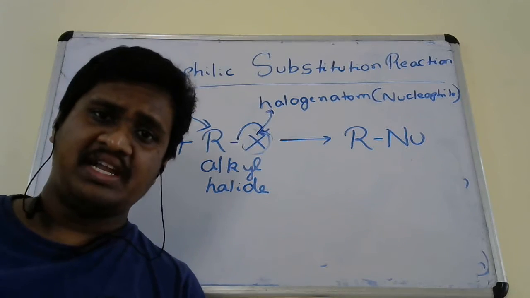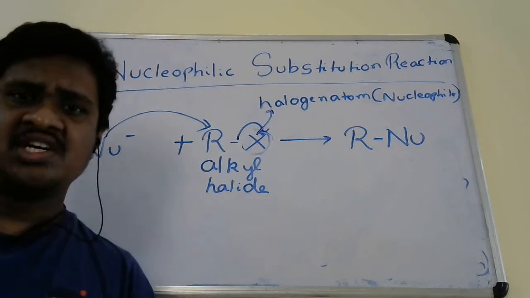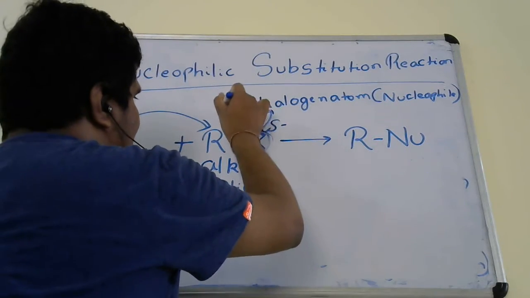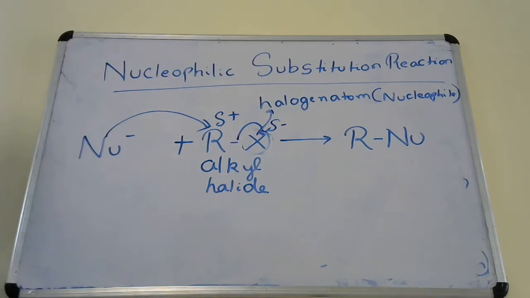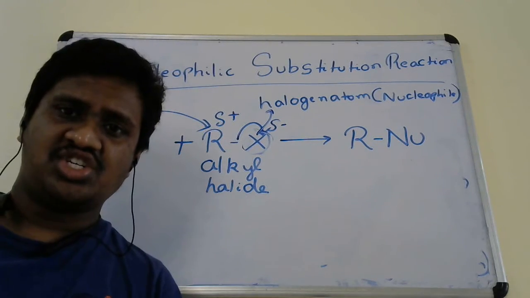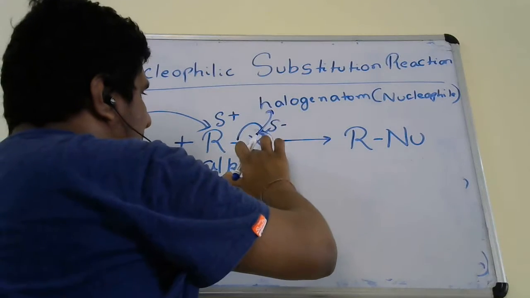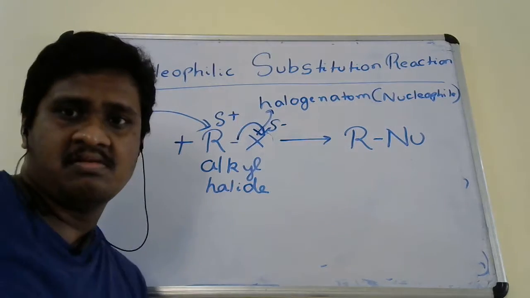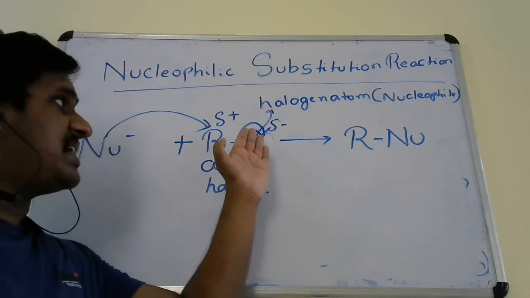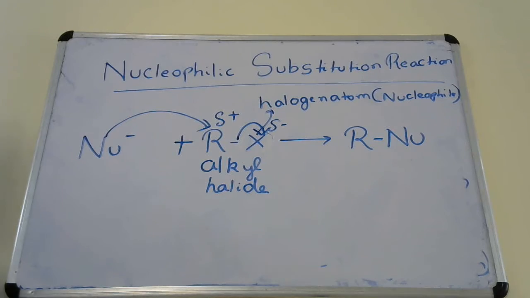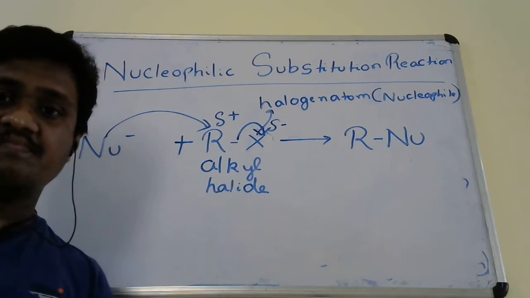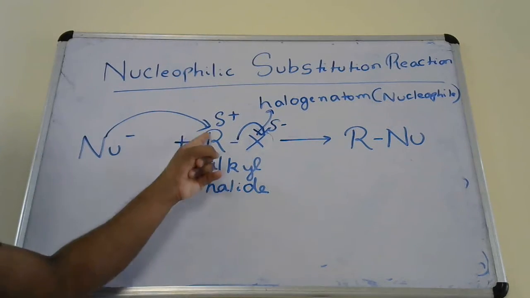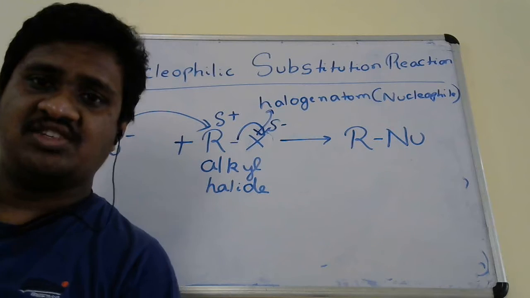Fluorine, chlorine, bromine, iodine, they are electronegative. So in the alkyl halide molecule, the halogen atom will carry a partial negative charge. That is why it is also a nucleophile, and the alkyl group will carry a partial positive charge.